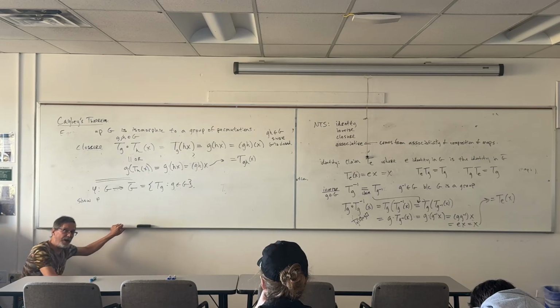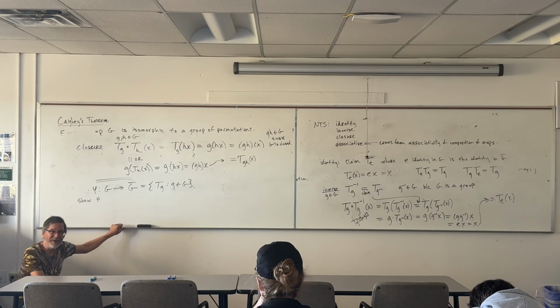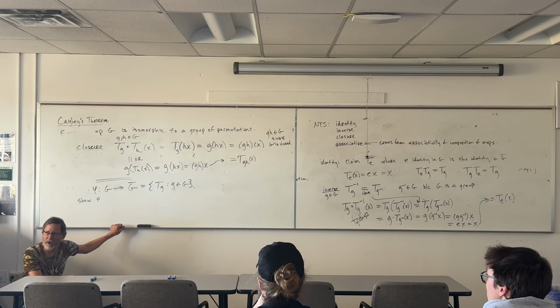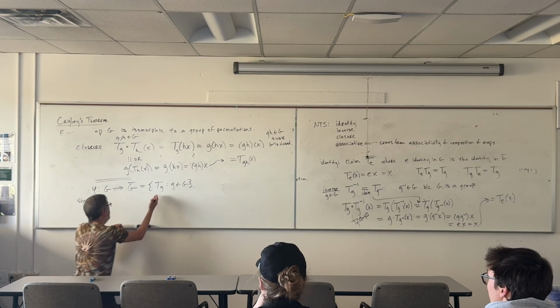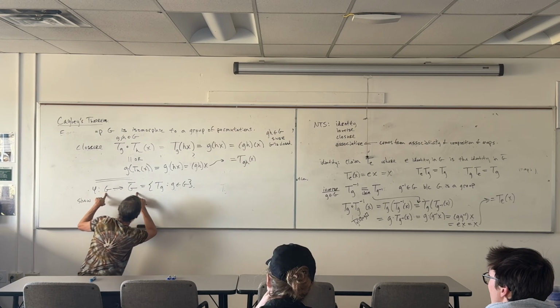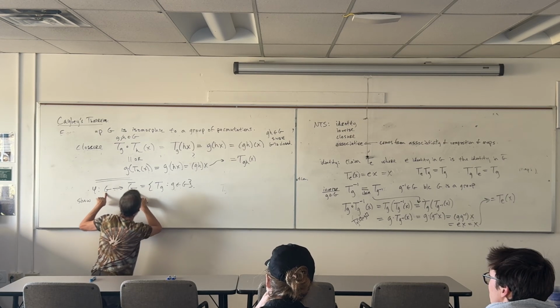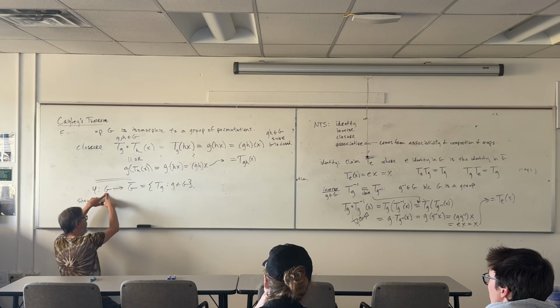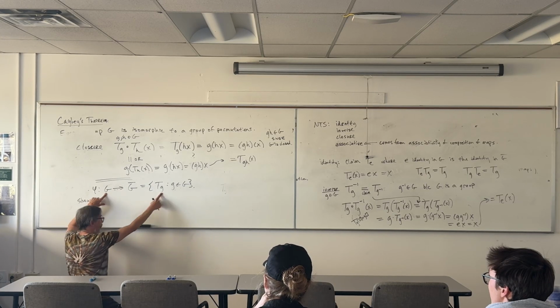I don't know if Christian believes me. No, I think that makes sense. Does everybody feel okay with the onto part? Because we're literally saying that for every element here, I'm just creating a T of G over here. So if I want to hit one of these guys, I just pull the appropriate element from here and produce it over here.